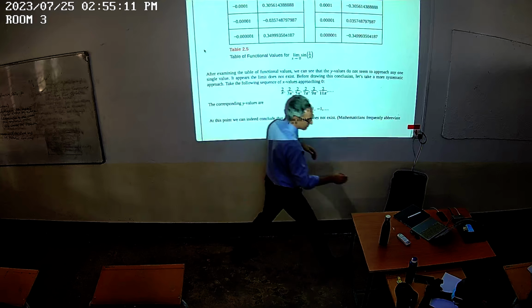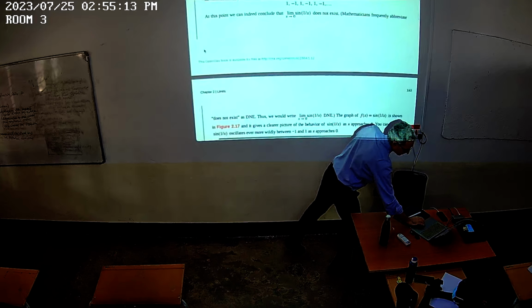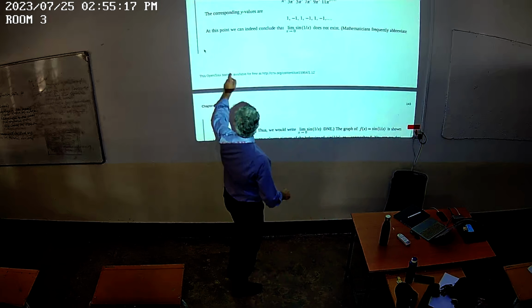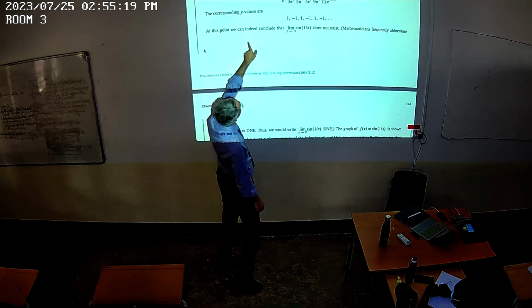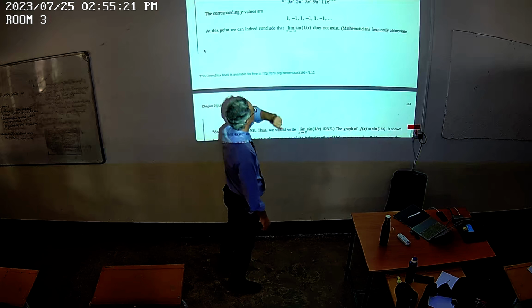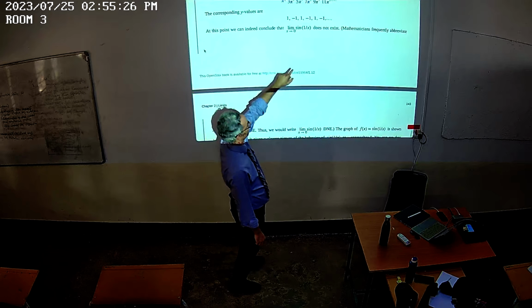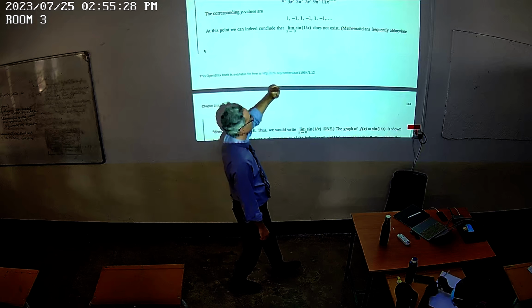So if you look at a little bit of nomenclature, at this point we can indeed conclude, based on this argument, that the limit of sine of 1 over x as x approaches 0 does not exist.